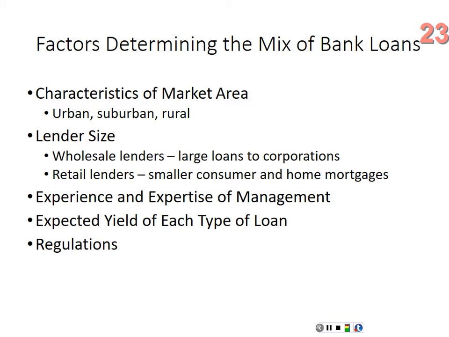And I will tell you, though, that if you're a good specialized lender, whether it's an ag lender or a commercial lender, which means you loan to businesses, or even a consumer lender, if your customers will follow you from bank to bank, you can make a lot of money.